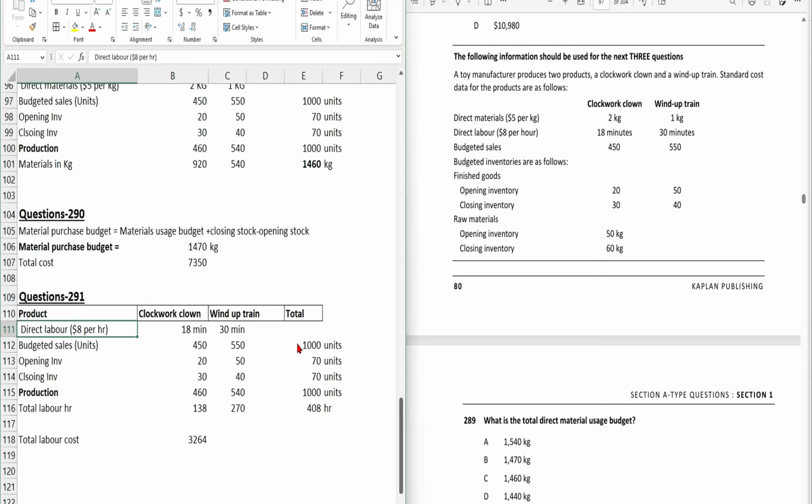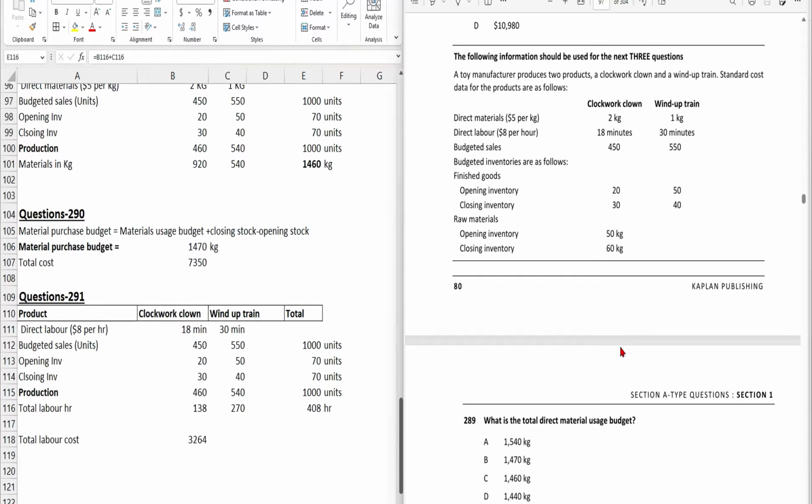So in order to calculate total labor hours, I have taken the production units and multiplied with the labor time required for 1 unit, and divided by 60 in order to get it in terms of hours. I have done this for both of these products, and in total we need 408 hours.